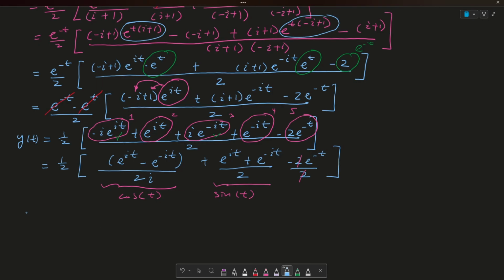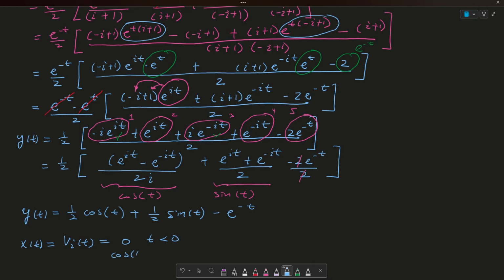So let me go ahead and write y of t out neatly. So y of t is equated to this 1/2. Don't forget about it. So this is 1/2 cosine of t plus 1/2 sine of t minus e to the minus t. And remember, since we said that x of t, which is equated to our voltage input of t, is this causal system, it's equated to 0 for t less than 0.